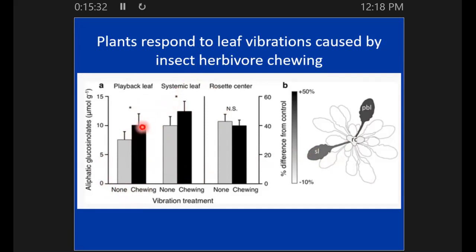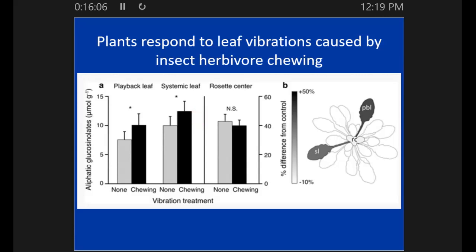So there's a significant upregulation in glucosinolates by the recording, whether it's the leaf that actually had the clamped recording onto it or the systemic leaf a distance away on the other side of the plant, essentially. And so they were able to show that there is that response by the plant of upregulating glucosinolates because it thought it was getting chewed on by an insect. So it did the appropriate defense response by upregulating those glucosinolates.